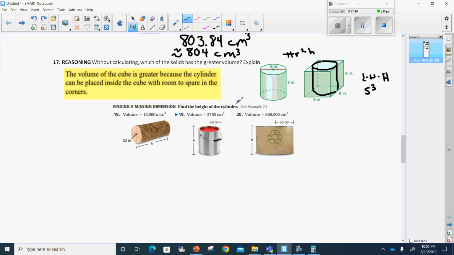It says, find the height of the cylinder. It gives us the volume. So when we use the volume formula, volume equals base times height. And remember, this base is going to be the form of a circle there.